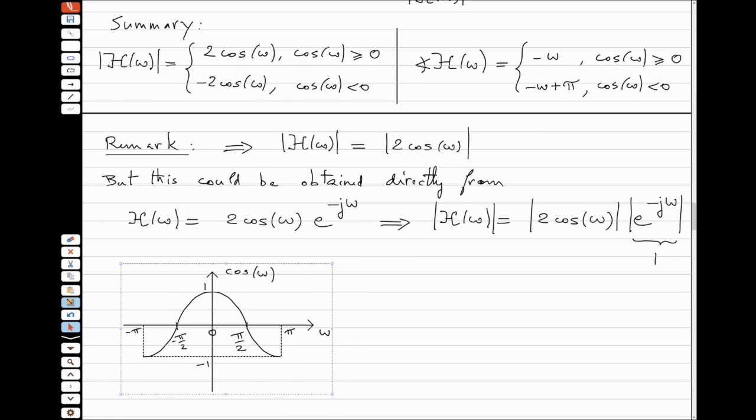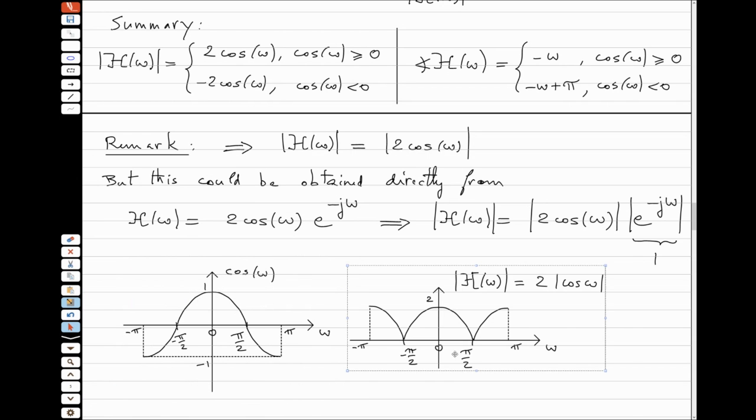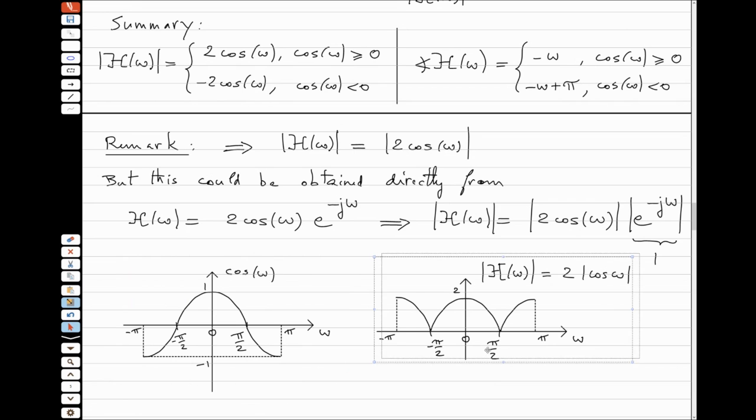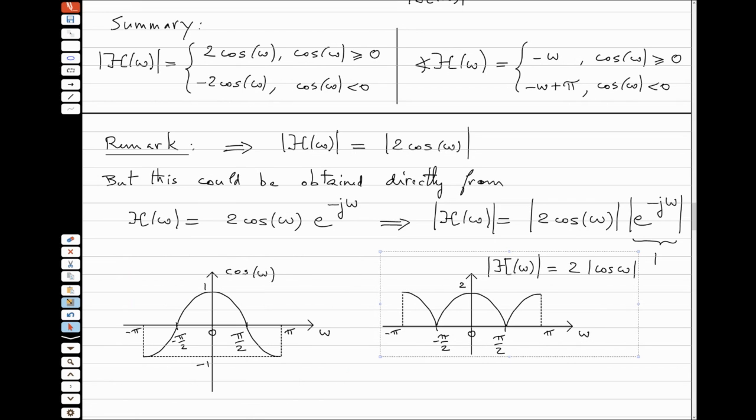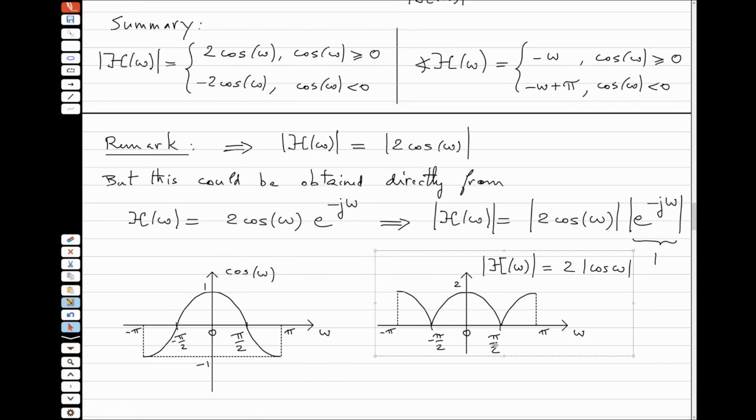Now, magnitude of h of omega is 2 times this in its absolute value, so no surprise either for the results. You're going to get this. All right.